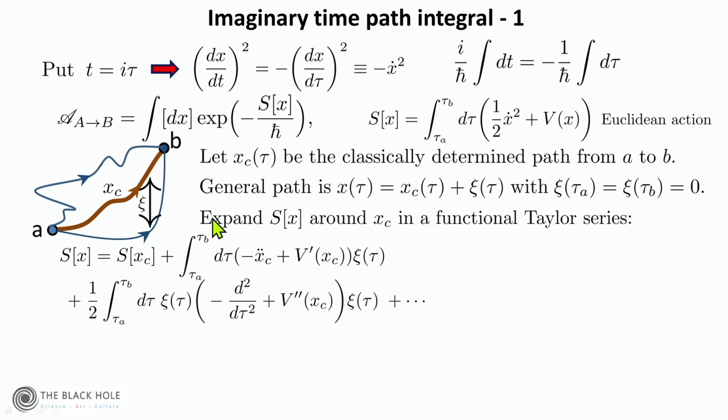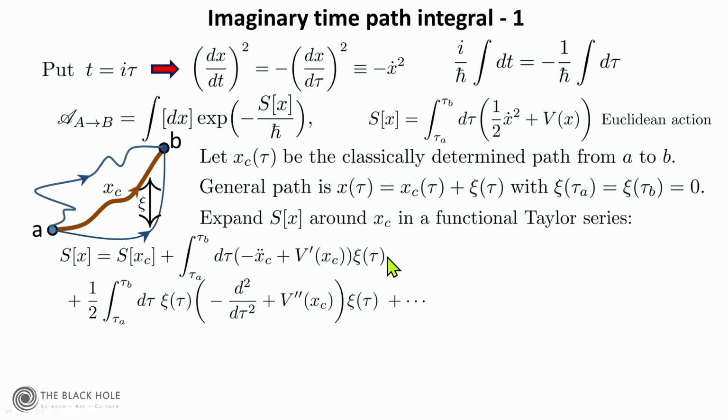Okay, so now let's expand S, that is the action, around the classical path in a functional Taylor series. We saw in our brief introduction to functional analysis that the action can be expanded at 0th order, that's the classical action. Then there's the action at the 1st order. So you remember I called this delta x then, but here delta x I have denoted by xi of tau.